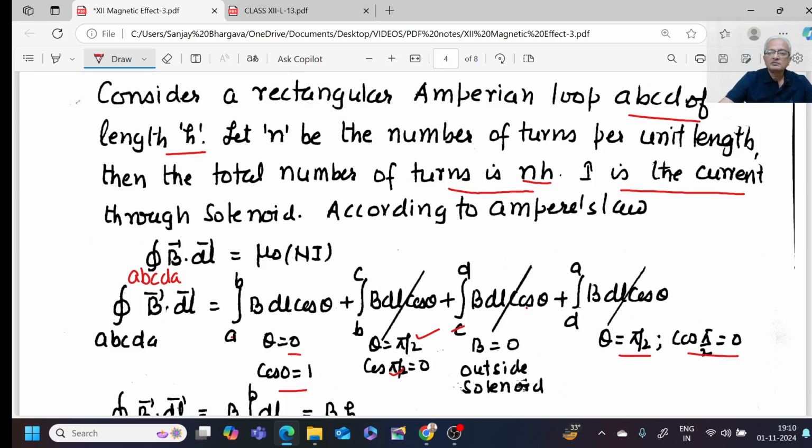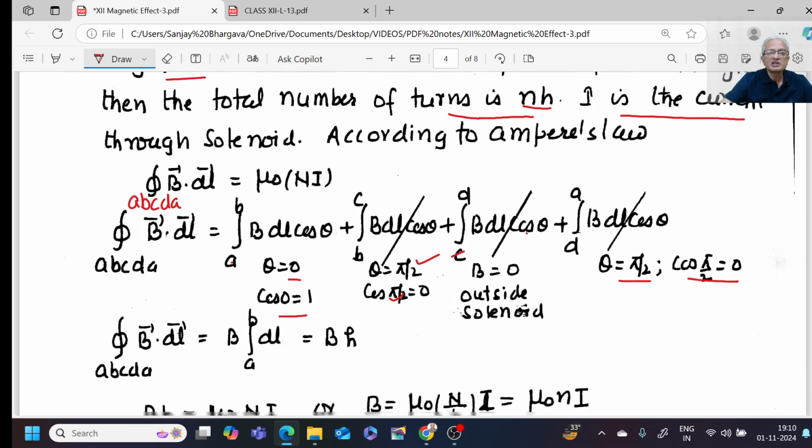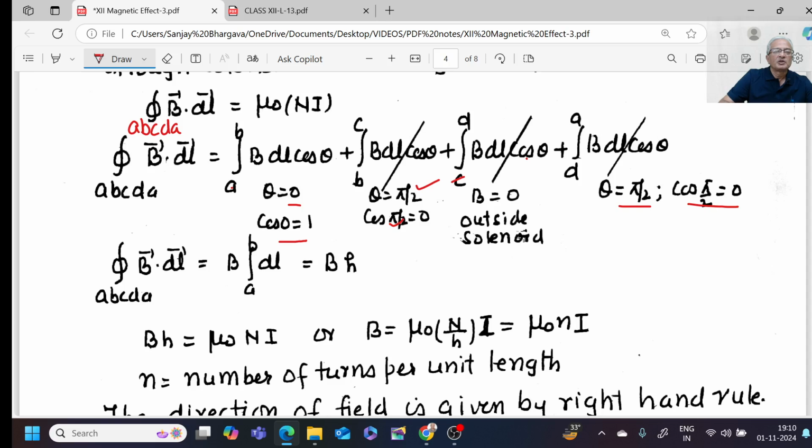So out of 4 integrations, the 3 integrations vanish. So integration B dot dl is equal to B integration A to B dl, which would be equal to B times h. B times h is equal to mu 0 Ni, or B would be equal to mu 0 N upon h into I, that is mu 0 ni. n is the number of turns per unit length.